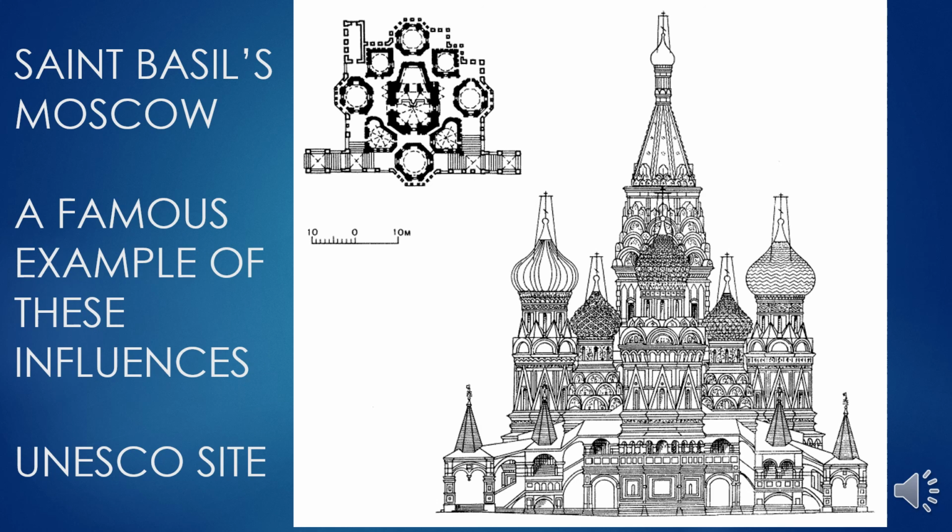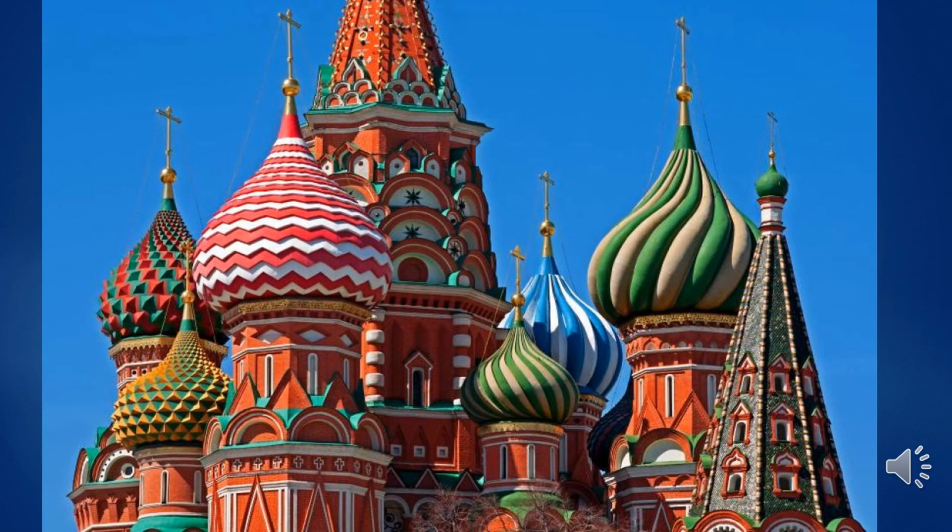This has been a UNESCO World Heritage Site since 1990, and let's take a look at how it appears today. These onion-shaped domes are what you see as part of Byzantine design, and the bright colors were painted in the 17th century to match the biblical description of the colors in heaven.